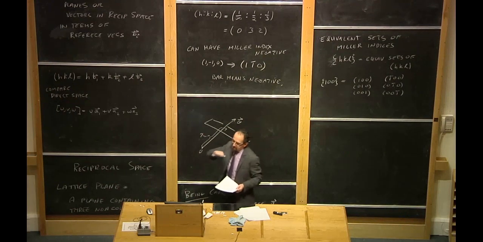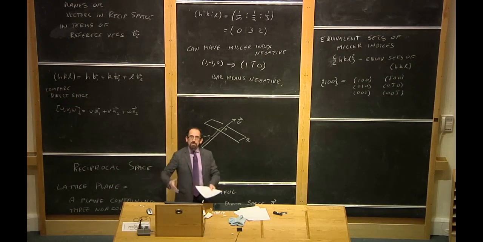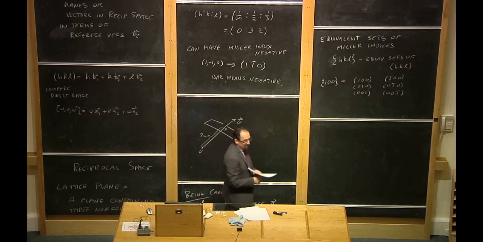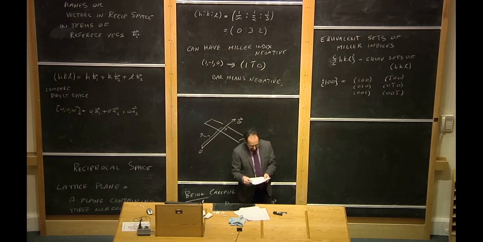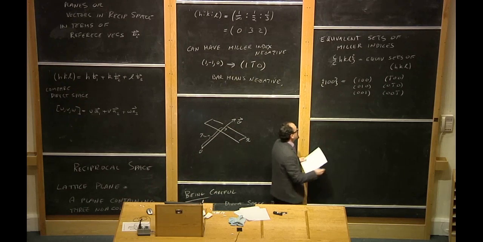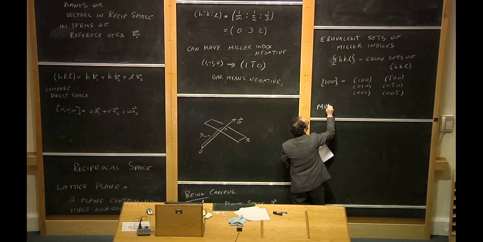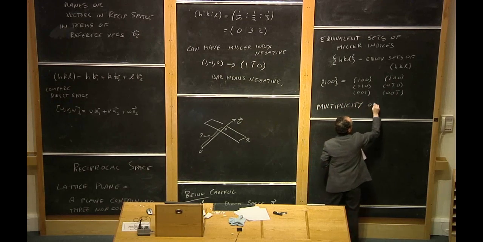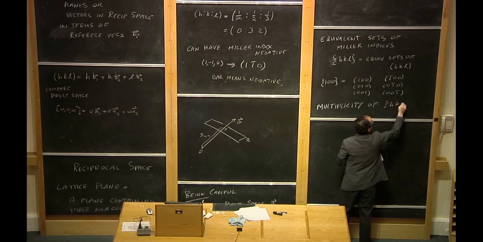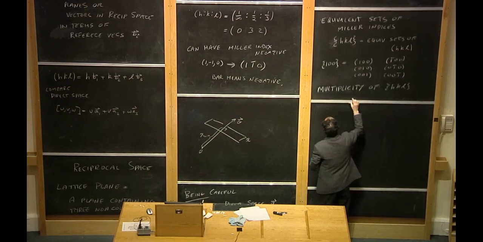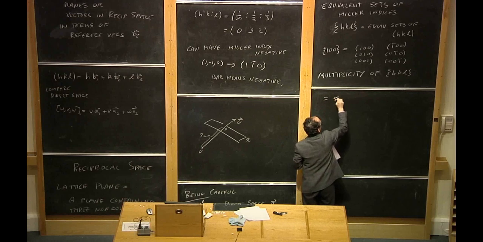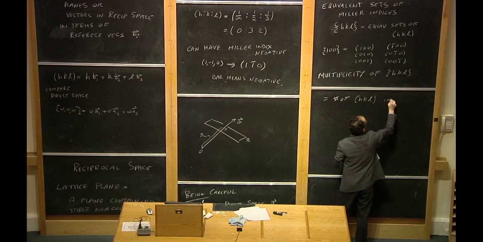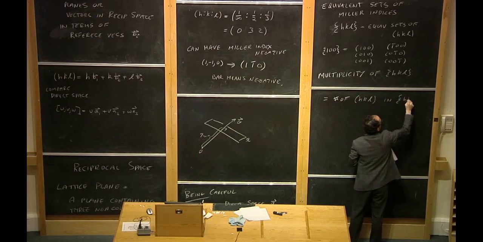Not coincidentally, these planes look like the surface of a cube, and you can pick up a cube and look at it 6 different ways, and it would look equivalent from all of those 6 different angles. We also have what's known as the multiplicity of {HKL}, which equals the number of (HKL) in the curly bracket {HKL}.